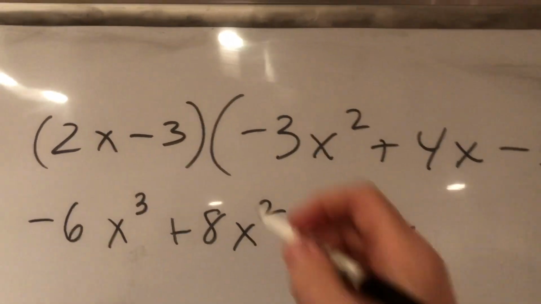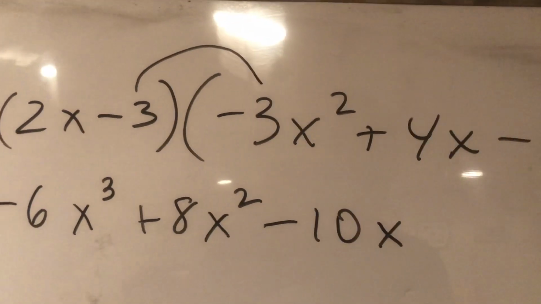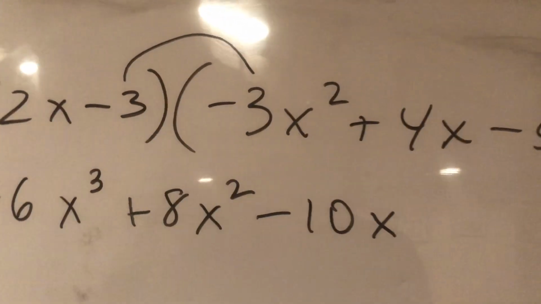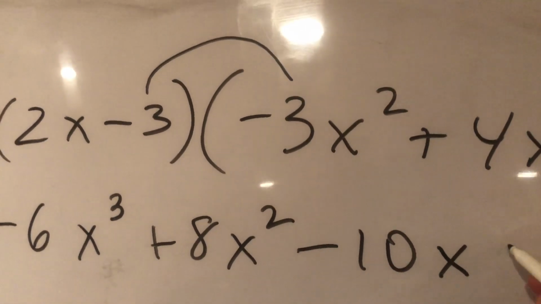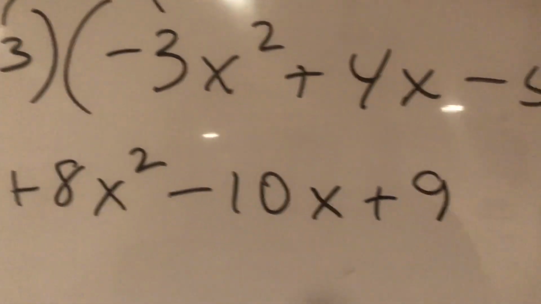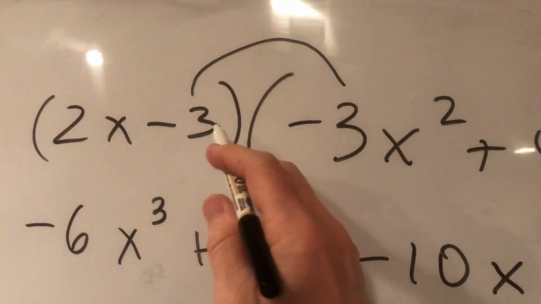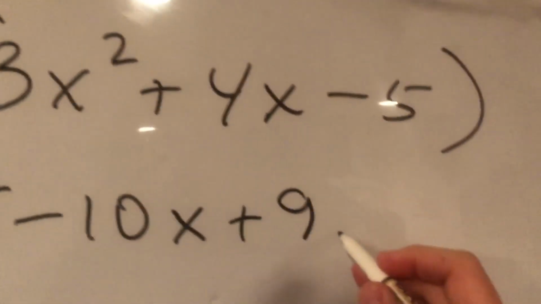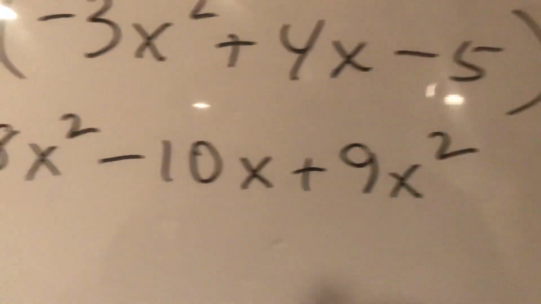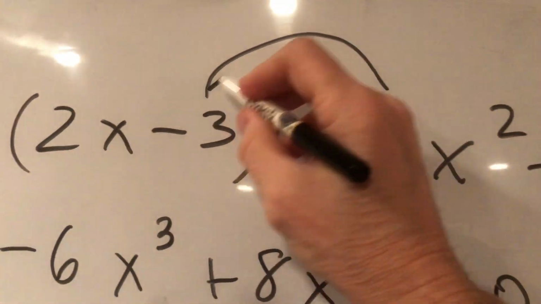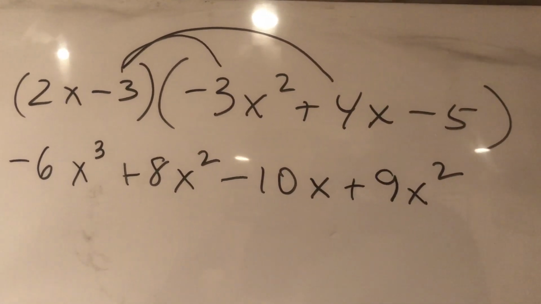Now we go with the second term in the binomial, negative 3 times negative 3x squared. Well, 3 times 3 is 9, and a negative times a negative is plus 9. And there's no x here. There is one here, so we just bring that over and put an x squared. How about that? Next, negative 3 times the middle term, which is 4x.